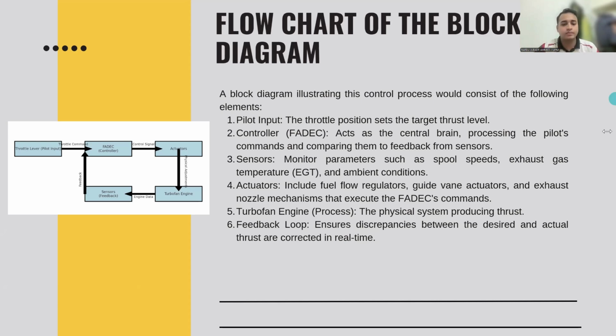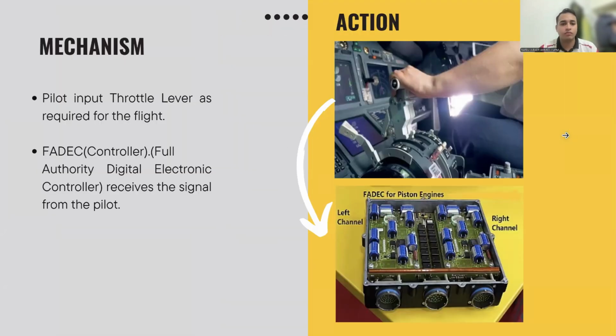In the next slide. So the mechanism of the flowchart is: the pilot inputs the required thrust with the throttle, and then the FADEC, the controller, whose full form is full authority digital electronic controller, receives the signal from the pilot's throttle and converts the electronic signal to a mechanical signal.